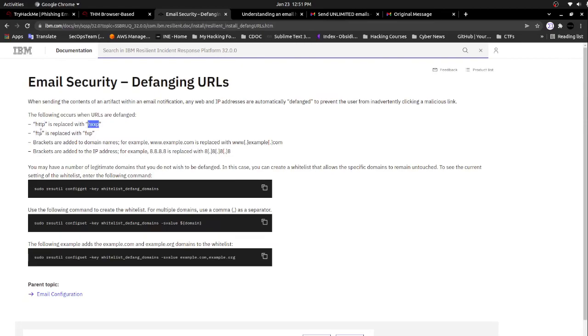Okay, and let's see, hyperlinks and IP addresses should be defanged. Defanging is a method of adding some special characters to make the URL or IP invalid. Let's see the technique here.